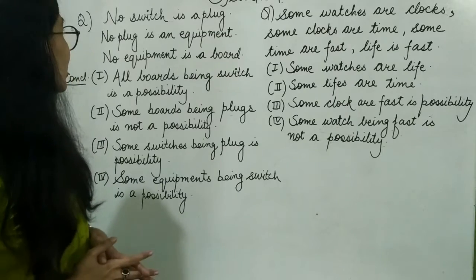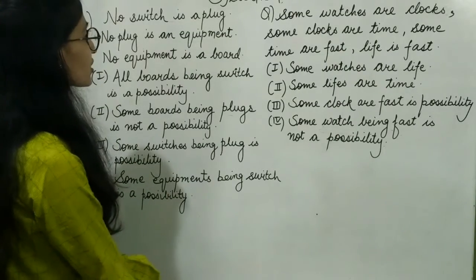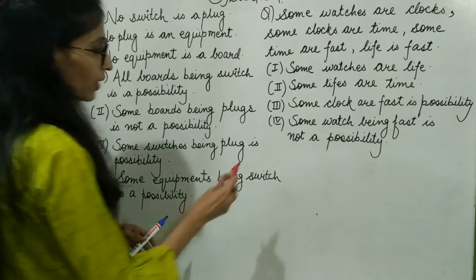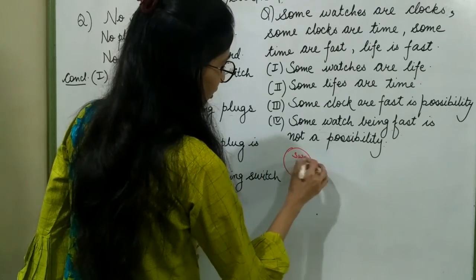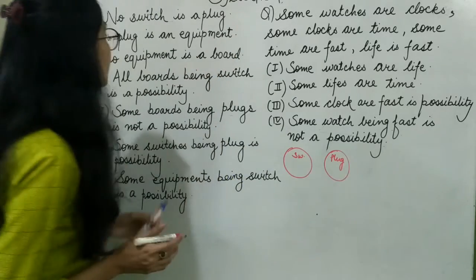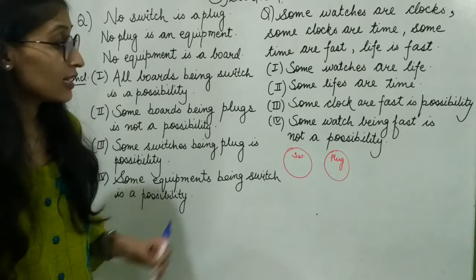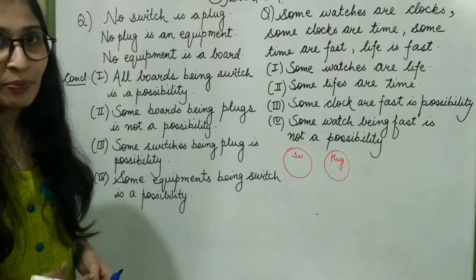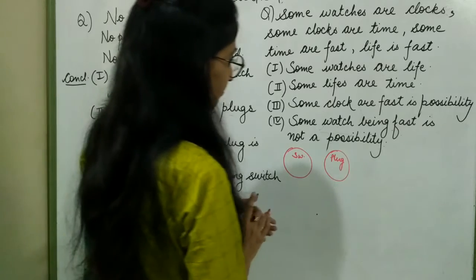So in our next question, we are given the statement, no switch is a plug. So I am going to draw switch and plug separately. Next, no plug is an equipment, but a switch can be equipment. So again, there are two possibilities.